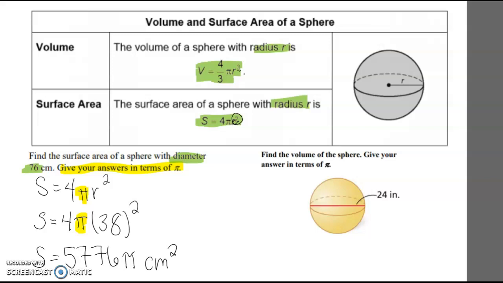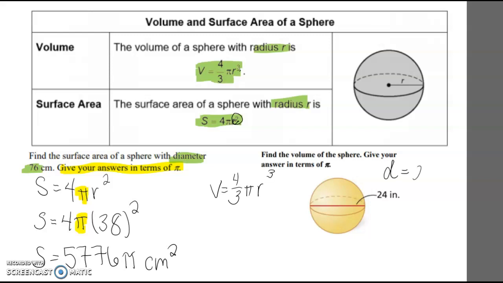So let's look at the second example. We need to find the volume of this sphere and give the answer again in terms of pi. So volume is 4/3 pi r cubed. Again, we need the radius, but it looks like they gave us the diameter here.